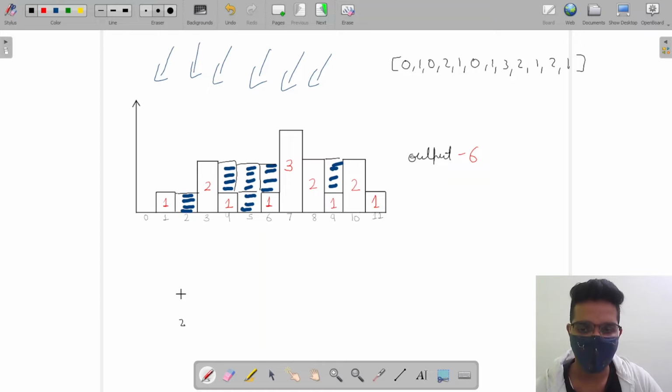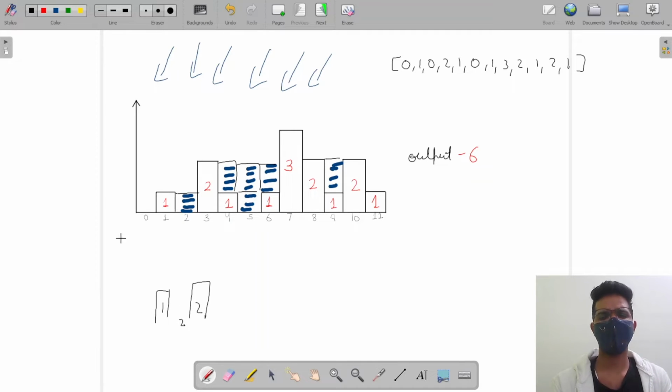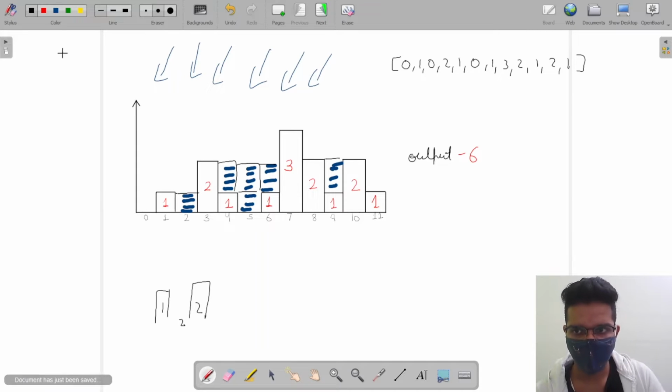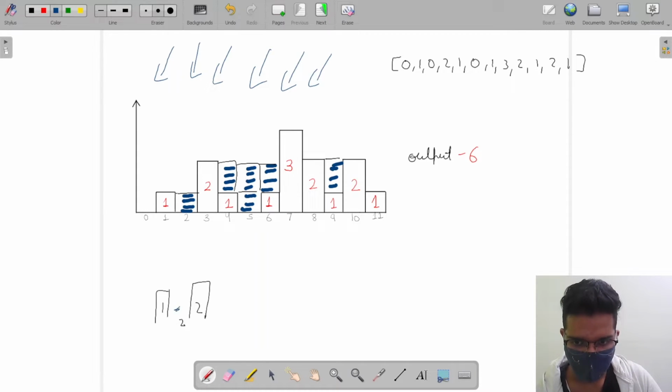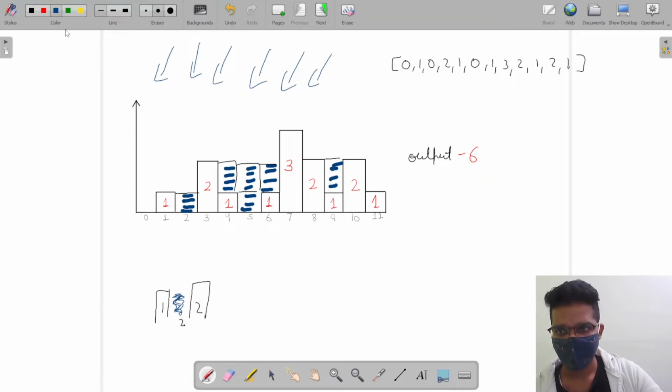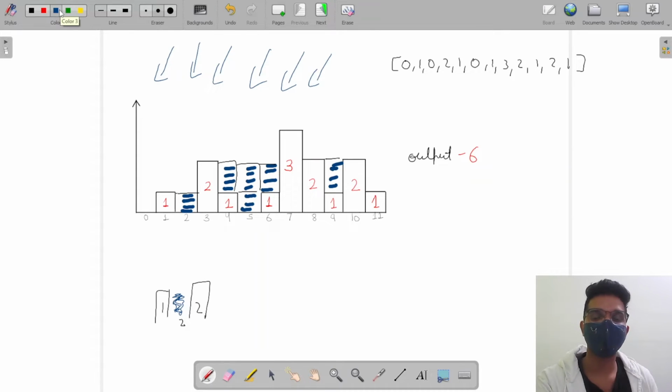What is on my right? It's 2, that means 2 height. And on the left, I got 1 height. You can say there's a building of 1 height on the left and 2 height on the right. So how much water is stored here? Here, 1 unit of water is stored, right? I'm showing the example, then I want you to analyze it yourself.